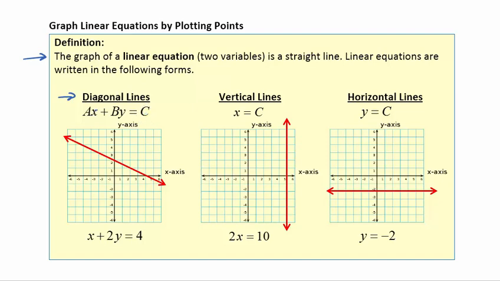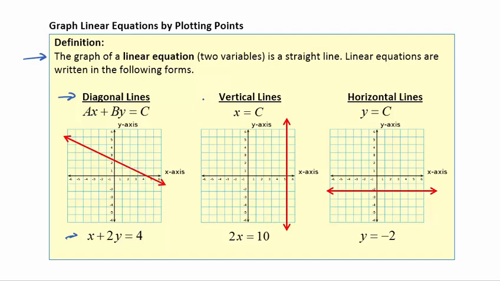So equations that have both an x variable and a y variable in them are going to be diagonal lines. Here's an example: x plus 2y equals 4, and that's the equation of this line right here. If I plot all the points for this equation, this is the line that it will create.